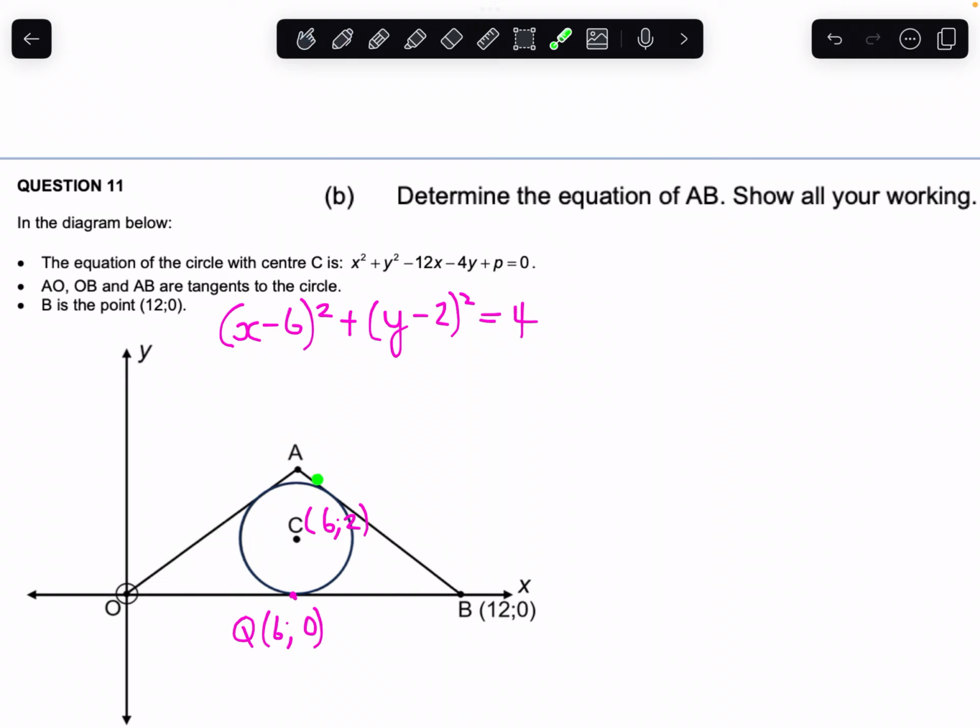Okay, AB. Okay, so this is a tangent situation. Interesting. So we don't know what are the coordinates of that point.